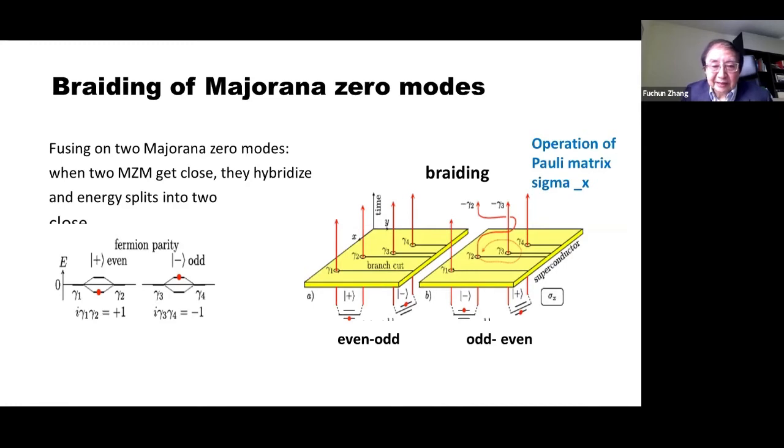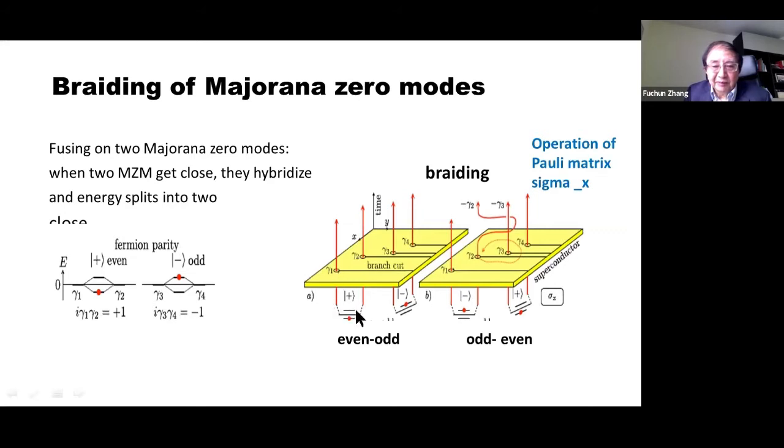Then the magic is when I consider 4 Majoranas. If you want a qubit, you need at least 4 Majorana zero modes. So I make 1, 2 and 3, 4 as two pairs, as I draw here.